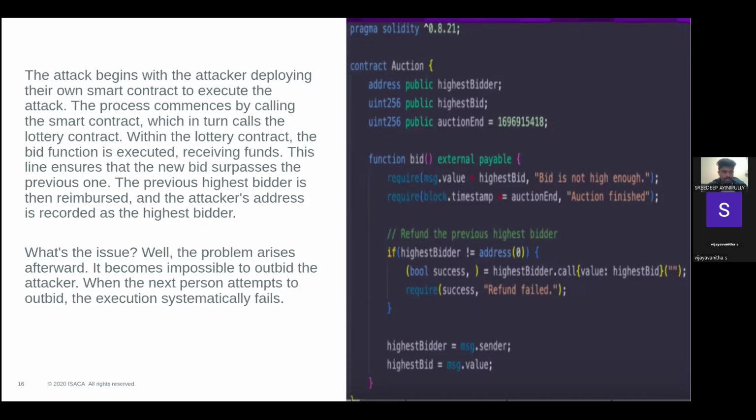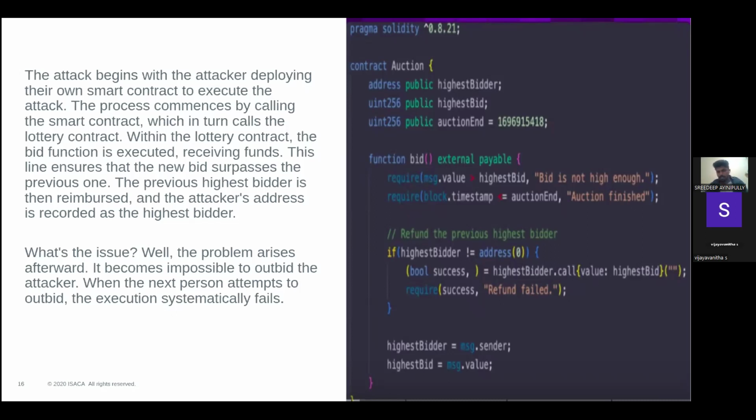The previous highest bidder is then reimbursed, and the attacker's address is recorded as the highest bidder. What is the issue? Afterwards, it becomes impossible to outbid the attacker, because when the next person tries to outbid, the execution systematically fails.